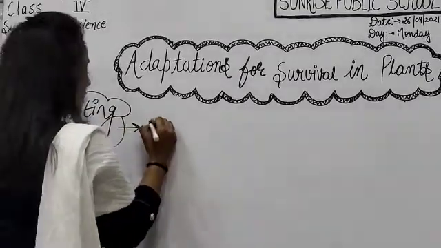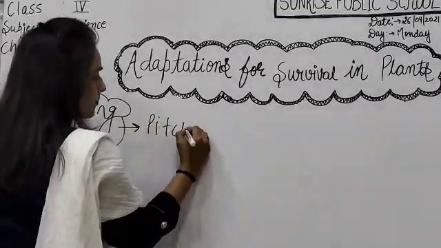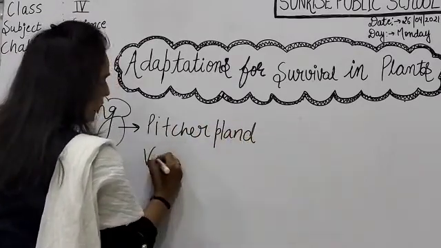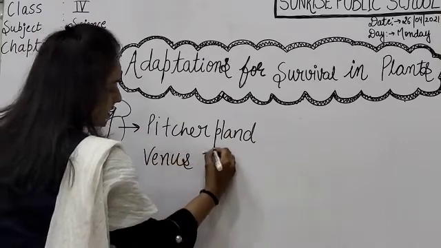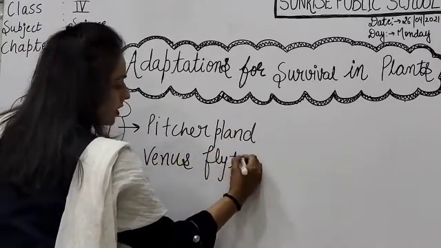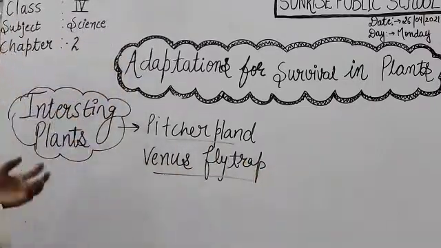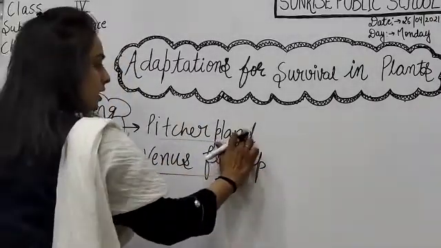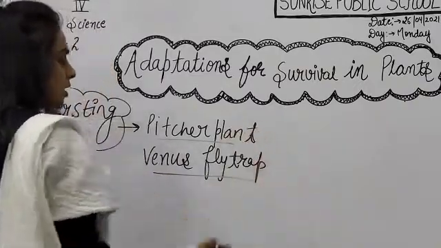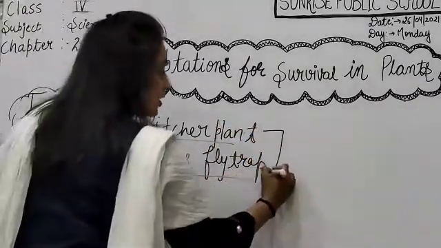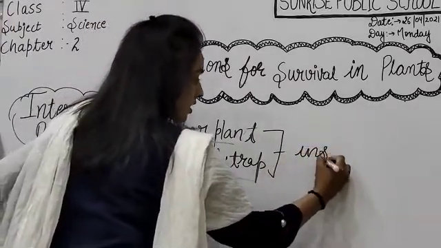For example, the pitcher plant and Venus flytrap are very interesting plants. Why are they so interesting? Because they eat insects.